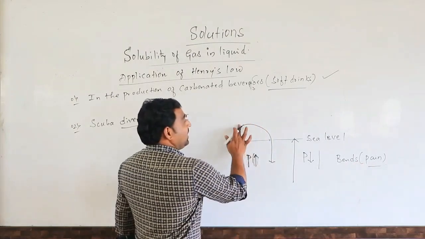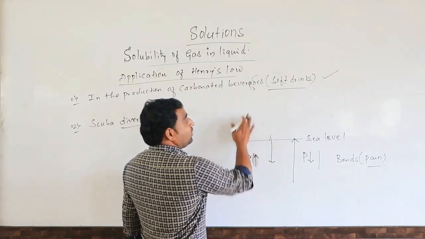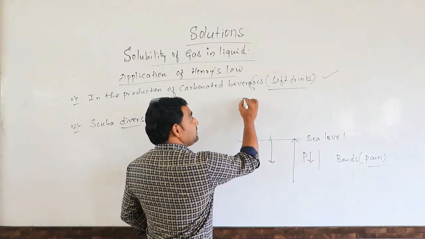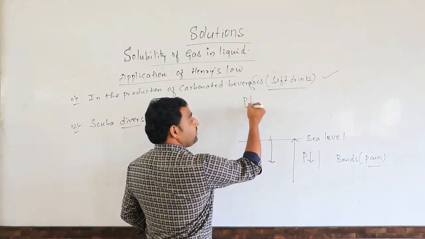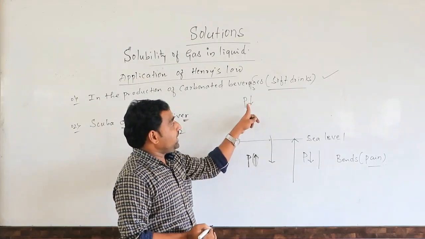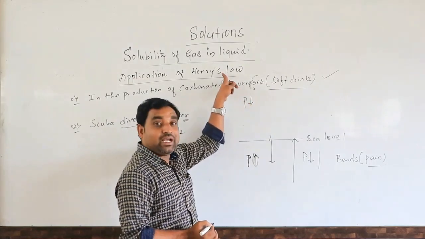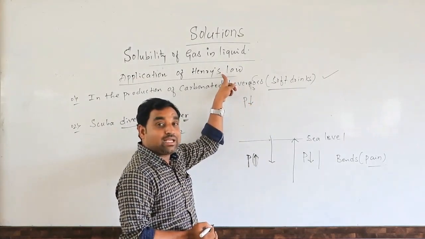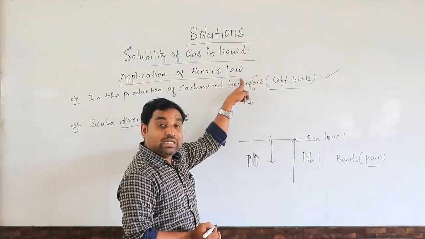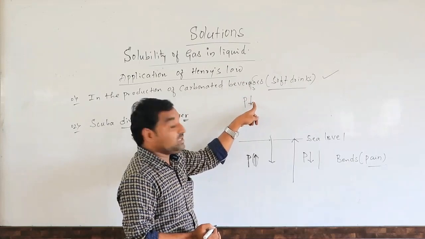And when climbers go towards high altitudes, the pressure will be low. According to Henry's law, the solubility of a gas in a liquid decreases if the pressure decreases.